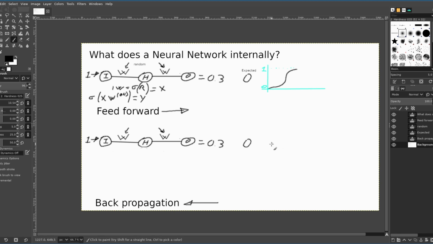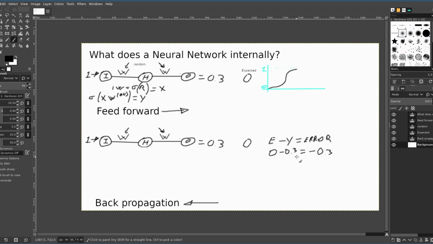First of all, I have to calculate the error, and the error is simply calculated in this way. Expected minus y, that is the output of this neural network, and the result is my error. This means in numbers that 0 minus 0.3 is equal to minus 0.3.